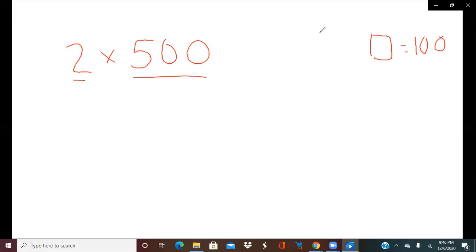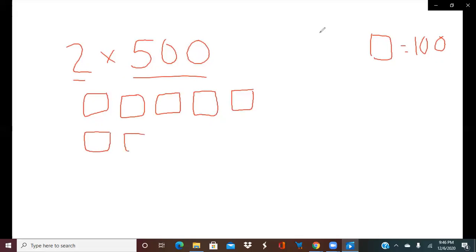So let's do our hundreds to 500. 100, 200, 300, 400, 500. But I don't just have one of them, I have 2 of them. So I need to do another set of 500. 100, 200, 300, 400, 500.